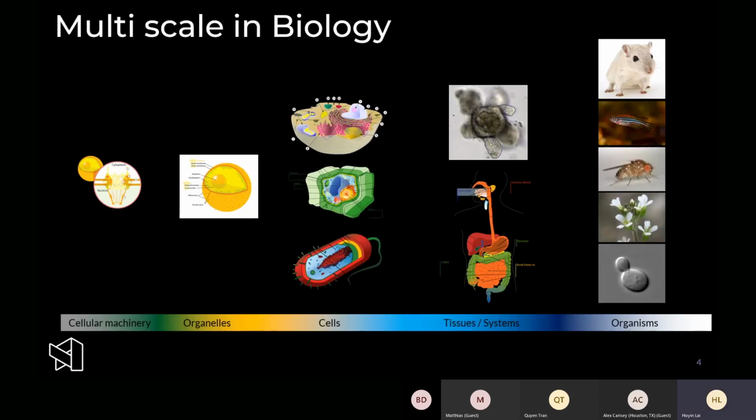So in terms of how we got to the 3D cell analysis, we have to think about the different scales that exist in biology, starting from the very small, very fine, very granular level. If you have a very good microscope, you can get to see the very specific cellular machineries, say, for example, the nuclear pore on the very left.